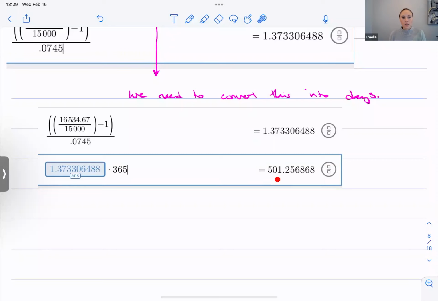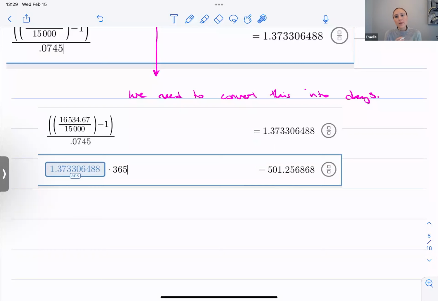So, okay, here's where it gets a little bit tricky. It is 501 days, 0.256868 days. Even though typically when we're rounding, this would round down to 501 days, at 501 days the loan isn't quite paid off.